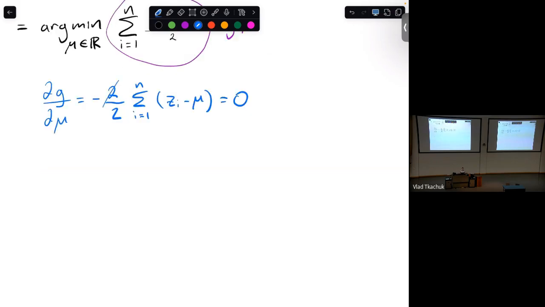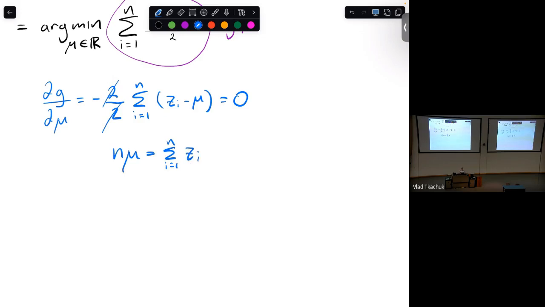These things cancel. And so what we end up with is taking the negative zi sum to the right-hand side, and minus mu summed up n times, so that's just n times mu. You get n mu equals the sum i equals 1 to n of zi.